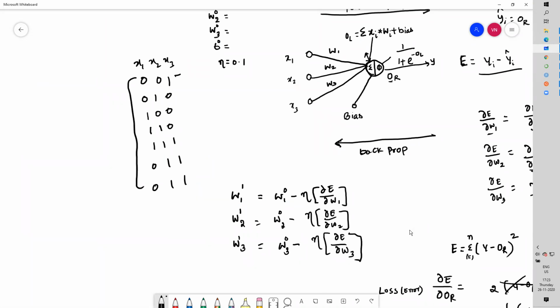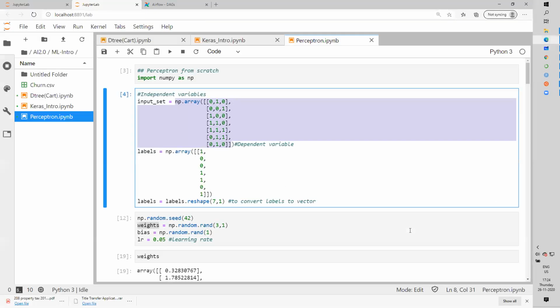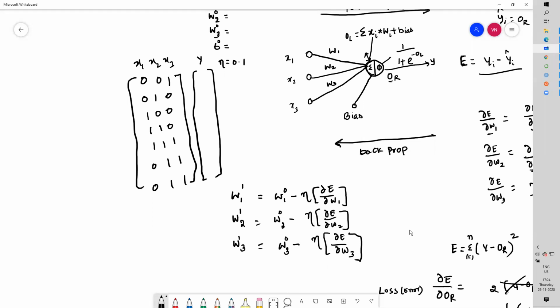So this is our input matrix. Similarly, we need to have y because it has to be compared with y. From this input, we have to generate the desired output y: 1, 0, 0, 1, 1, 0, 1. So this is the output that we have to generate.